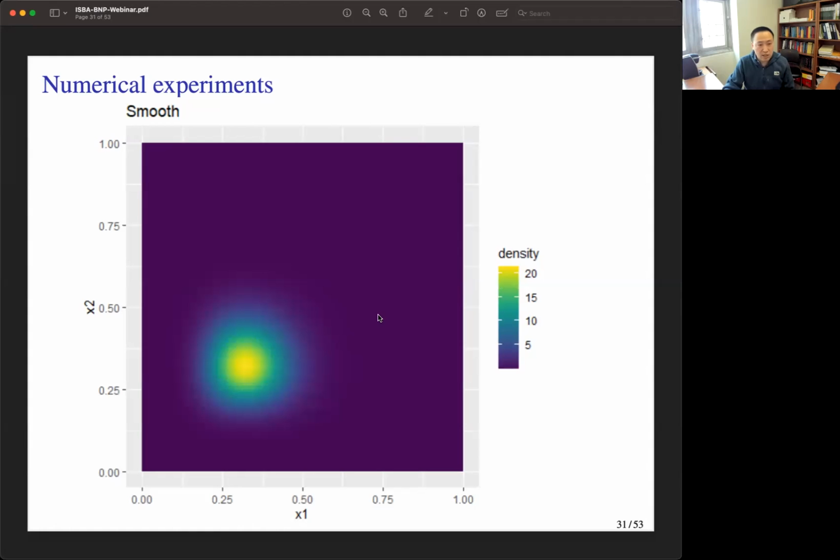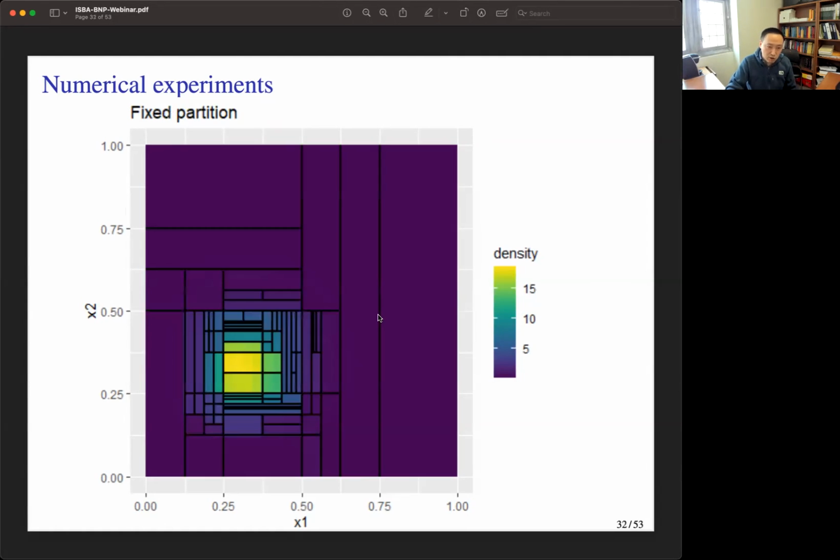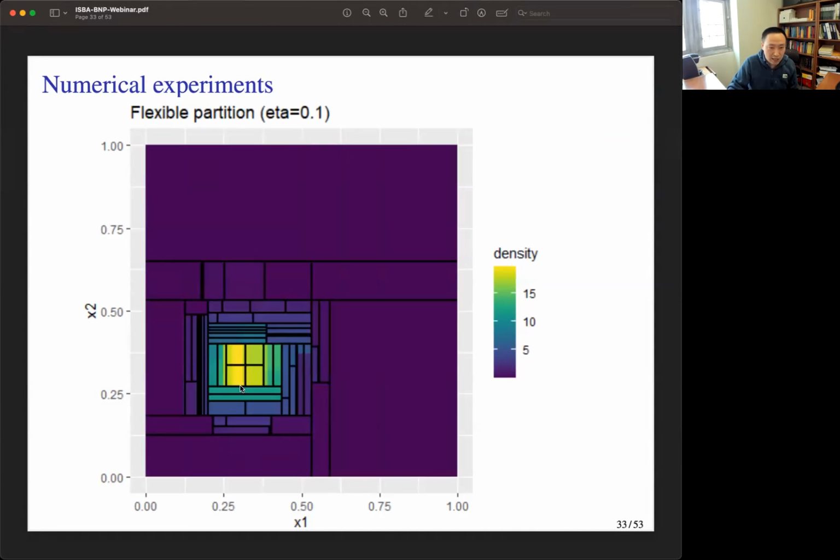Now, if the truth is kind of smooth and symmetric, and the directionality isn't too strong, using the fixed partition you still have these kind of bias issues caused by predetermined partition lines.